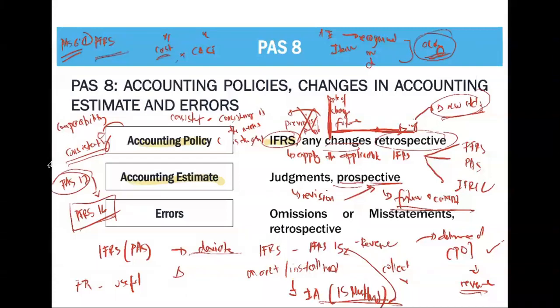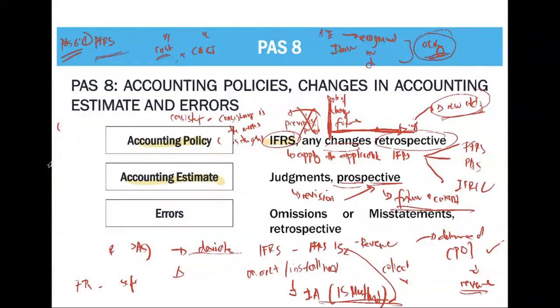Now, under the standard, if you cannot distinguish the change between an accounting policy and an accounting estimate, what is the effect? If ever you are not sure if it's an accounting policy or an accounting estimate, you treat it as an accounting estimate.